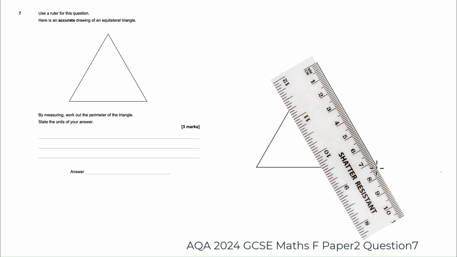Now, by the looks of it, that's 1 mark before 7.5. That would be 7.4. So the length of one of these edges is 7.4 centimetres, or 74 millimetres. I'll use centimetres, 7.4 centimetres.